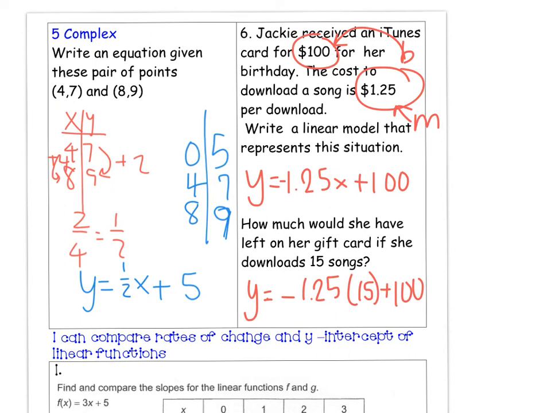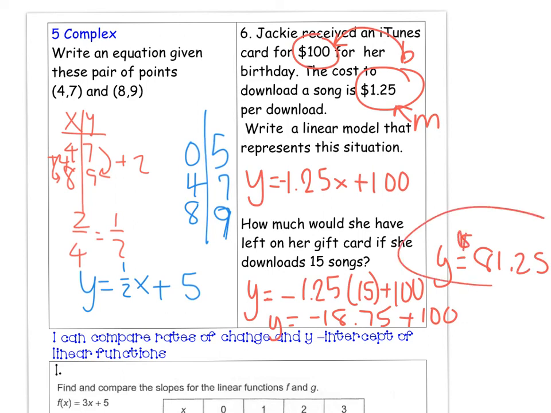So multiply. I get negative 18.75. That's how much money it's going to cost me off the card. And if I subtract it from 100, it's y equals $81.25. That's how much I have left.